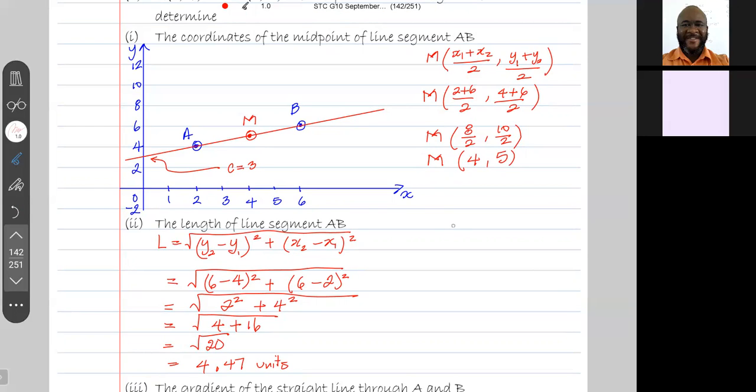The general format for the equation of a line is y is equal to mx plus c. When you talk about general format, it's like somebody says girl. That's a female in general. When you say girl, there are 4 billion people that you're calling.